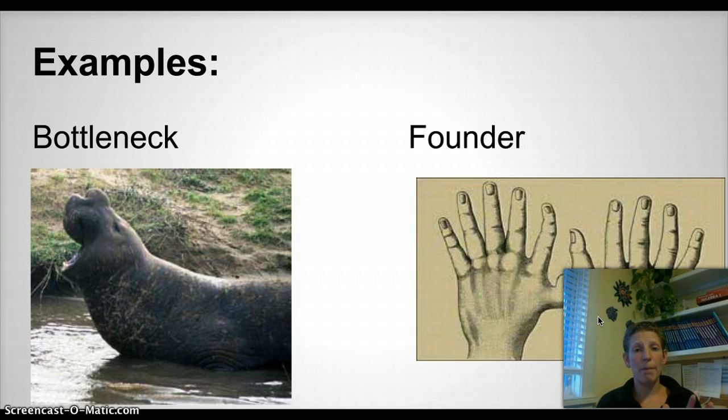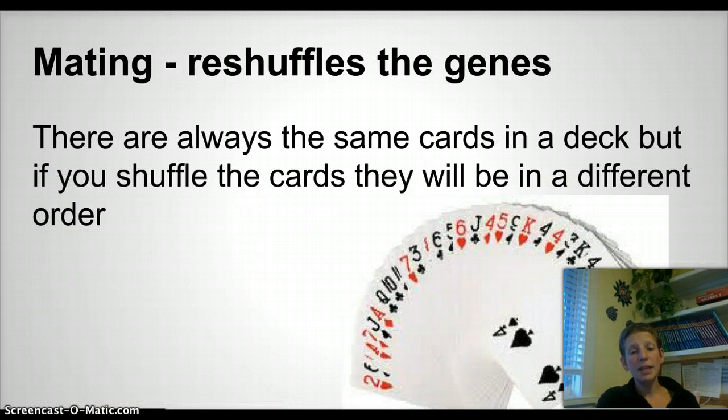And so that's very prevalent in this Amish community because they didn't breed outside their community. So the mating, or that ring finger, you can really think of as like a deck of cards. If your gene pool is all the variation that exists in the cards, it's always there in the cards.